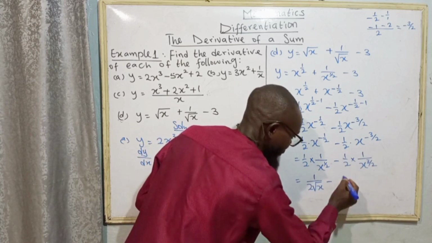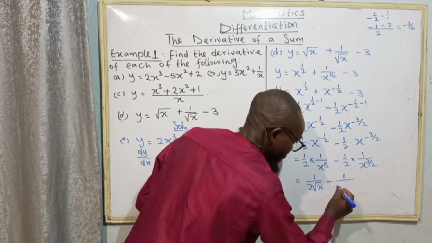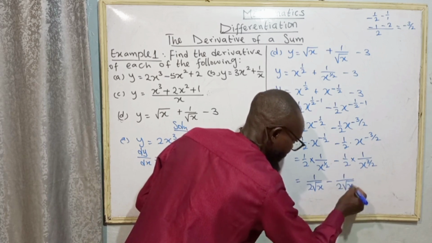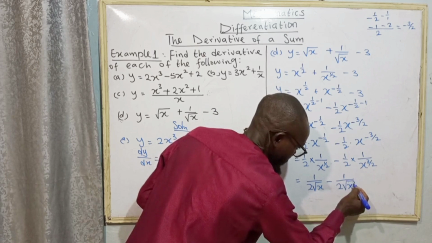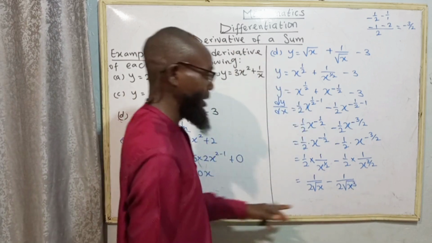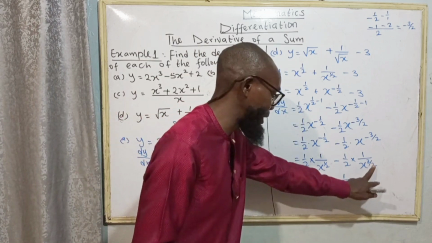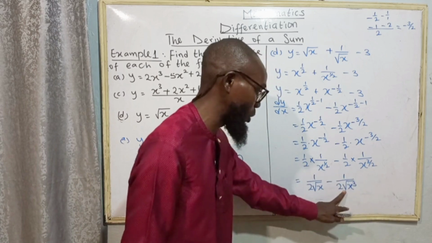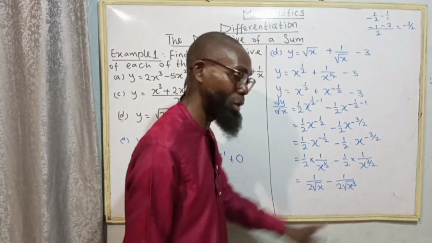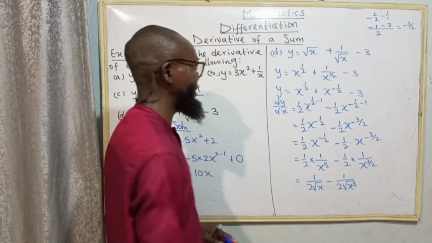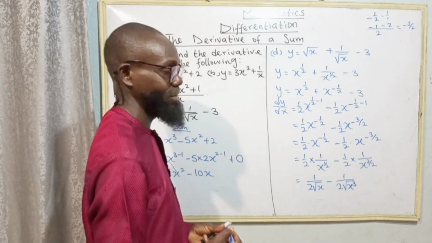Minus 1 times 1, we have 1 over 2 times this, we have 2 square root of x. Now this one has a power of 3, which means this 1 over 2 here turns to square root. You will not put this 2 here because in indices, square root means 1 over 2. So this is the dy dx of that question D.